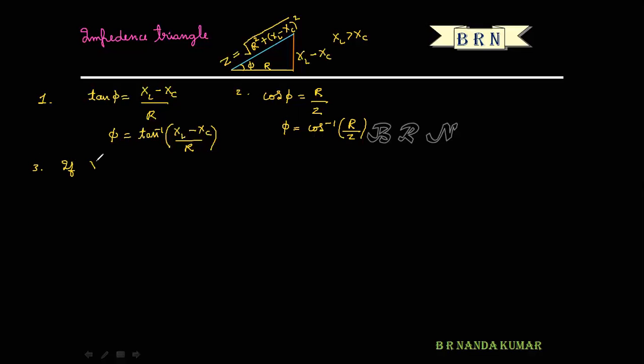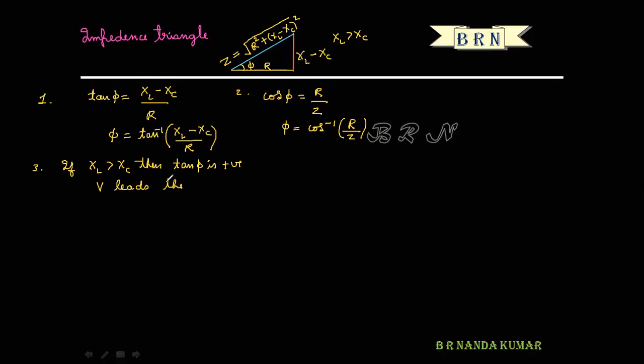If XL is more than XC, then tan phi is positive, phi is positive. So in this case, the voltage leads, is it not?